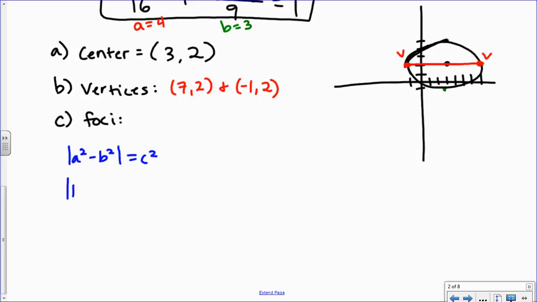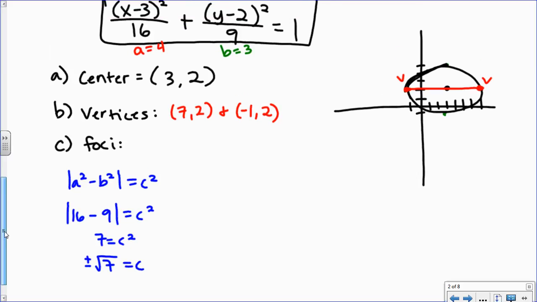So a squared is 16, b squared is 9. So we get 7, and then the square root of 7 is c. So that is about 2.65.